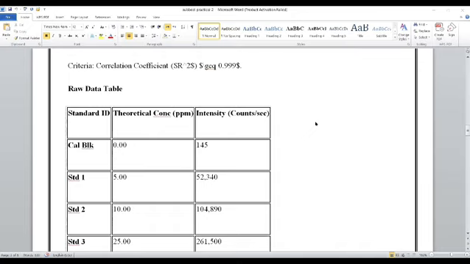Results: mean zinc concentration is equal to 30.07 grams per liter, standard deviation 0.113 grams per liter, percentage RSD is equal to 0.37%. Interpretation: the percentage RSD is well below the acceptance limit of 2%. Result: pass. The method shows excellent precision.